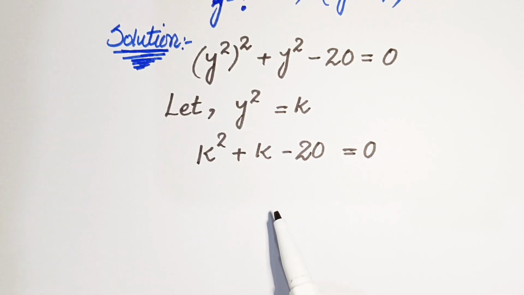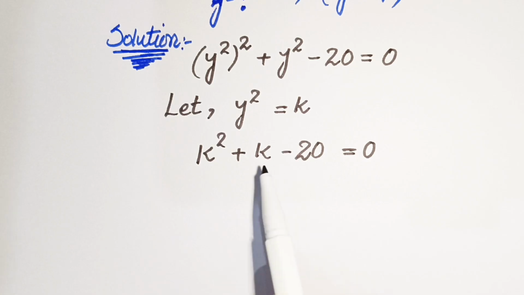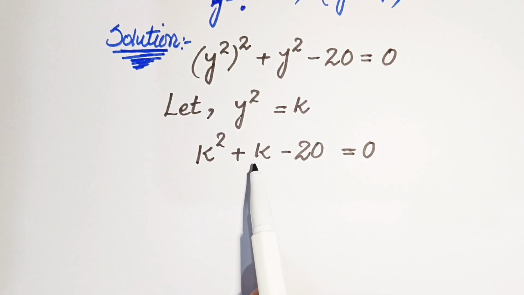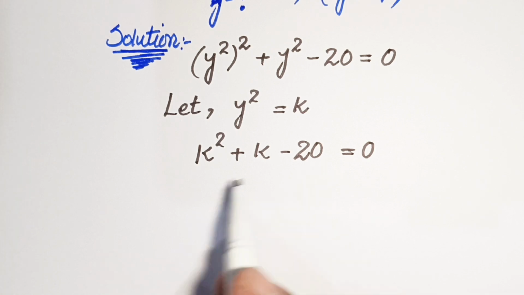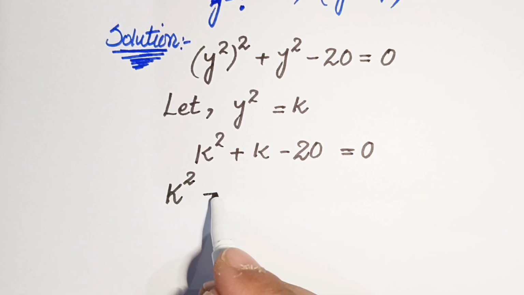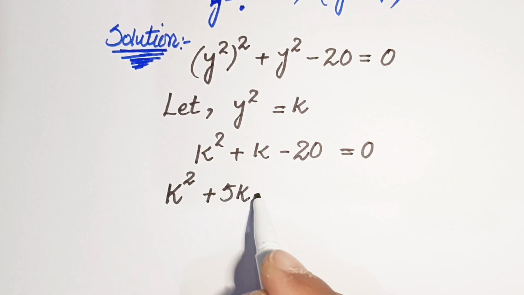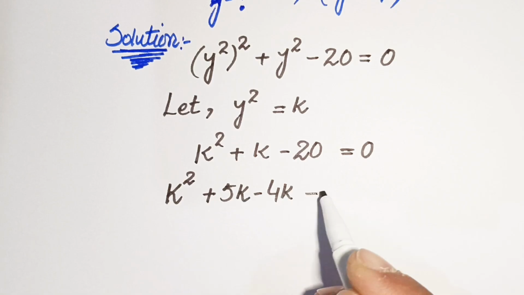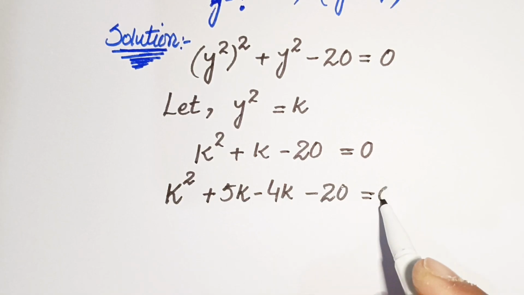We have to solve this, so we split the plus k into factors. We solve it by using the factorization method, and here we write plus k as plus 5k minus 4k, minus 20 is equal to 0.